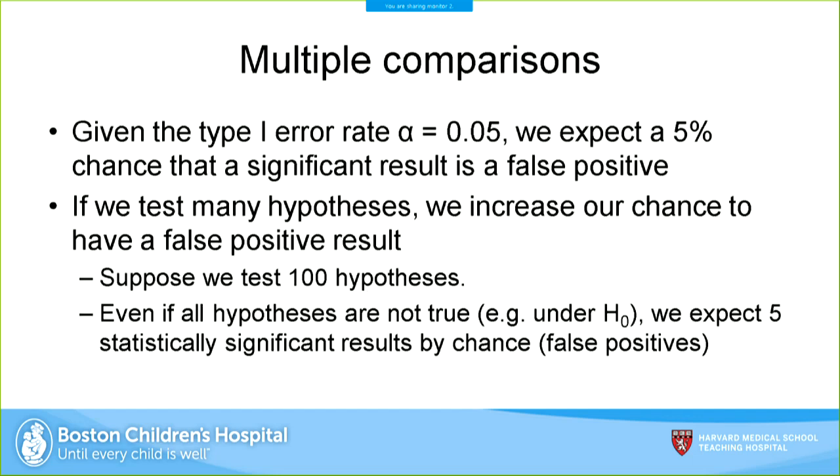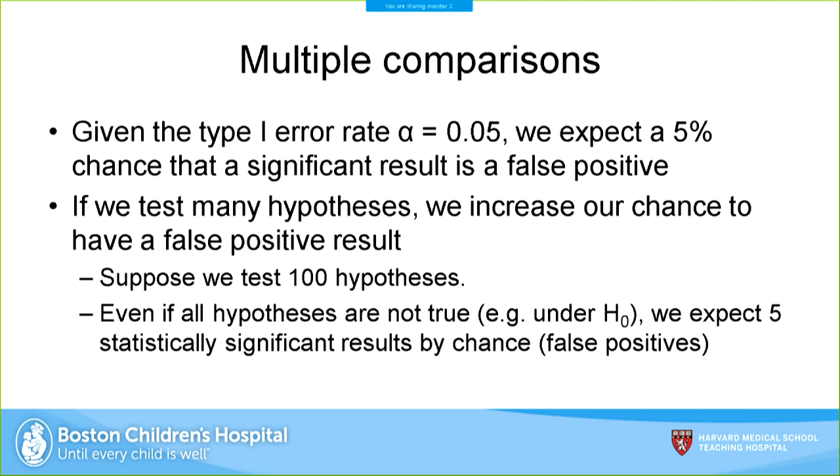I want to talk a little bit about multiple comparisons. So, we were talking about the type 1 error rate at 5%. This means that if we conducted this study, we would expect a 5% chance that a significant result is a false positive. Now, if we end up testing many outcomes, many hypotheses, we're going to increase our chance to have a false positive result.